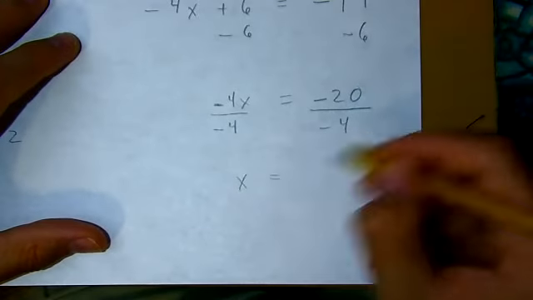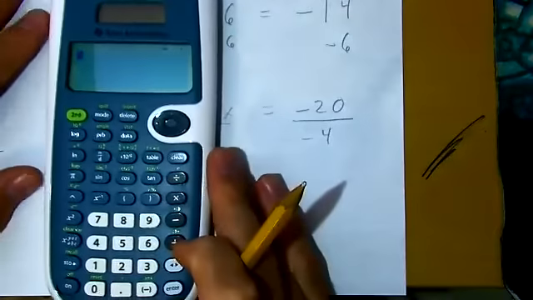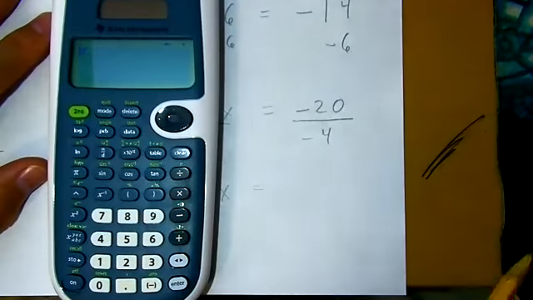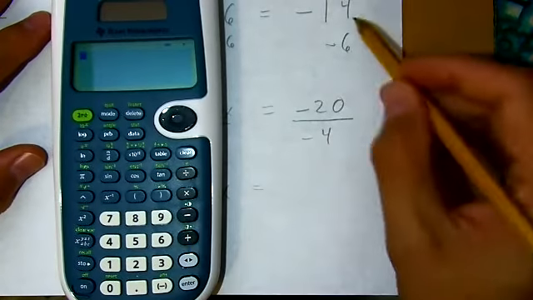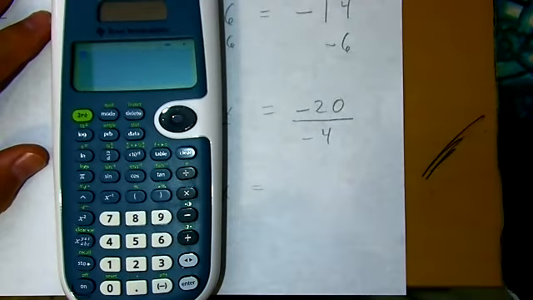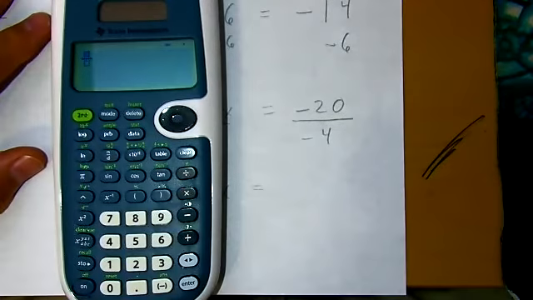Now, if you're good with integers, you can do that in your head. If you're not, lean on your calculator. So when you're multiplying and dividing, you can't use the subtraction symbol. You only can use the subtraction symbol when you're adding and subtracting, and only when it's the second number. So you can either enter this as a fraction and put -20 down -4 and then hit enter.